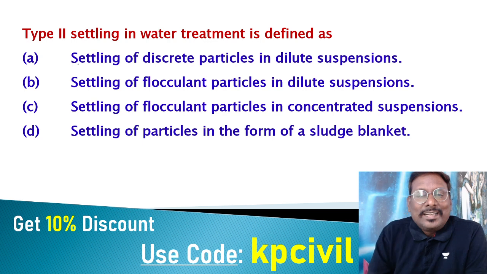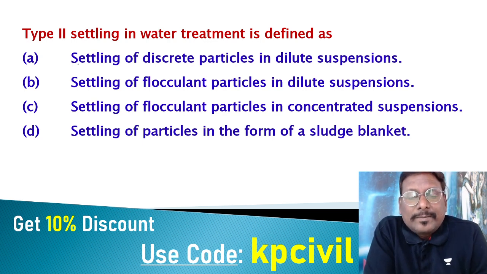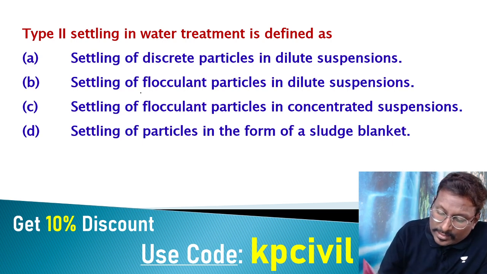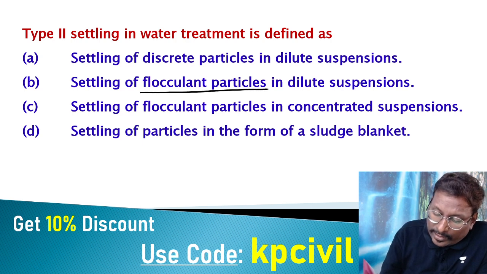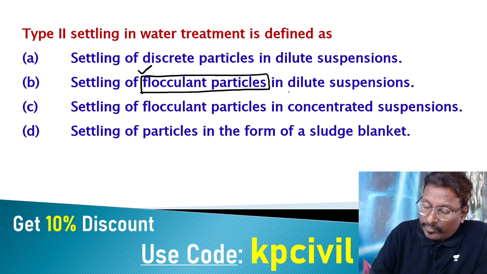Type 2 settling in water treatment is defined as settling of flocculent particles, in secondary sedimentation. Where? Dilute suspension.